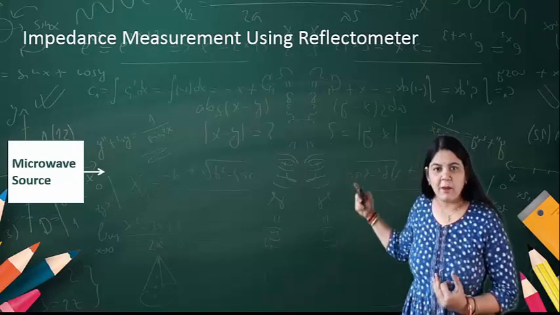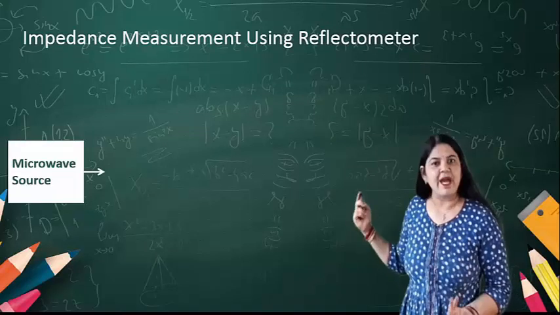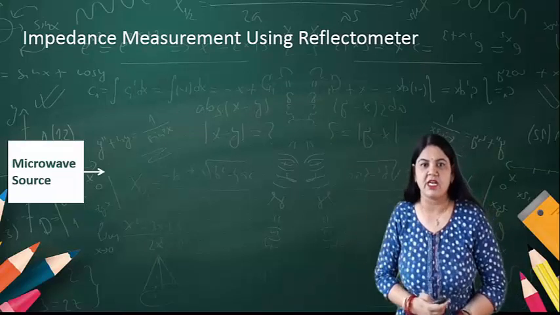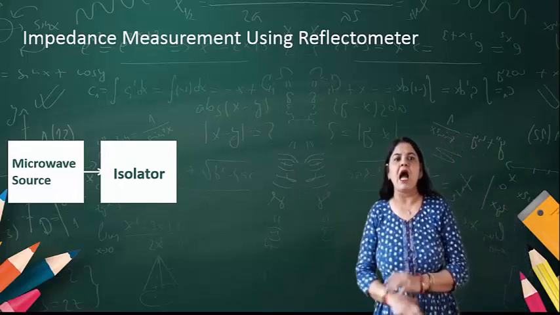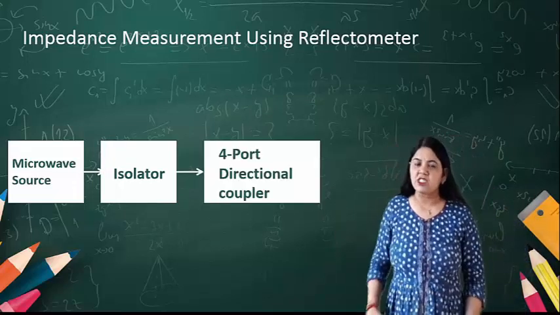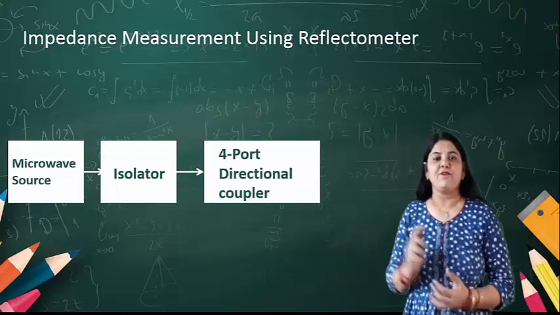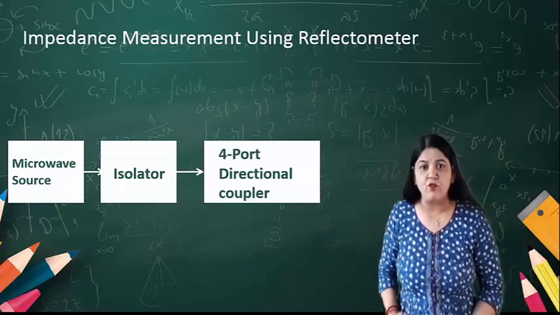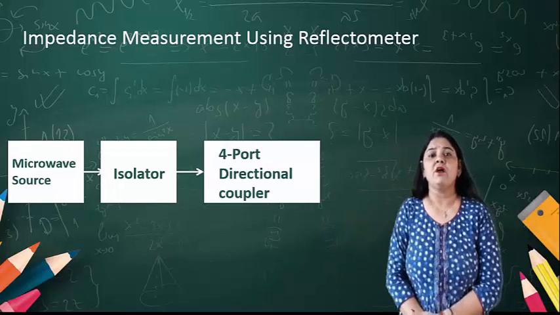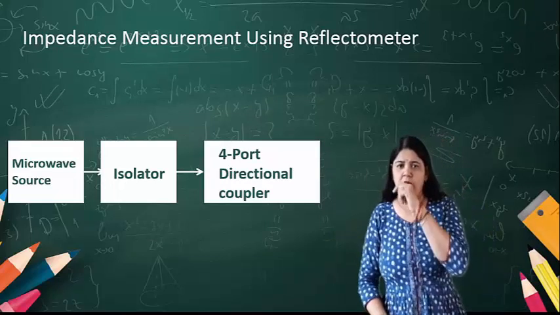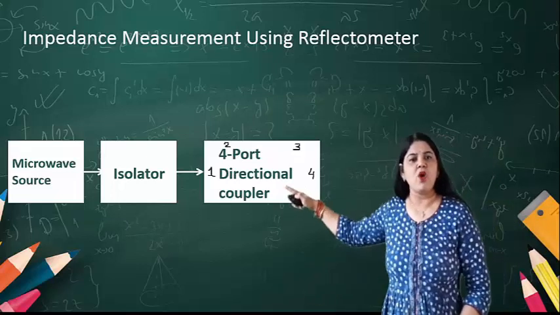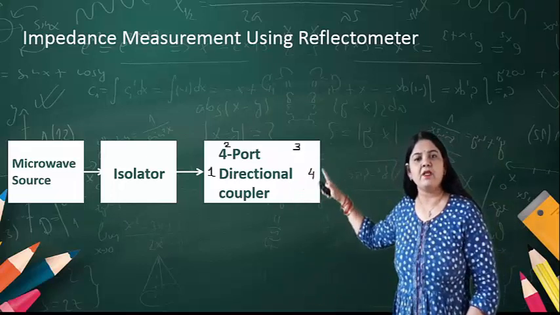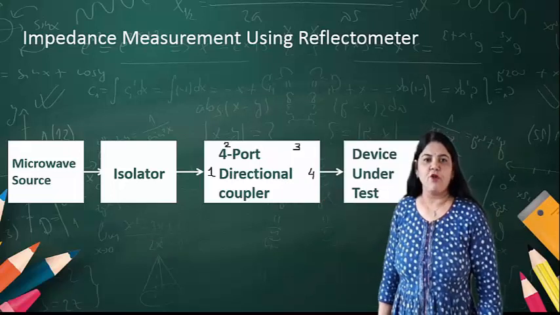So we again have the microwave source, which will generate the microwave frequency and pass it through the isolator. Now, the reflectometer is made up of what? Here we have a 4-port directional coupler. This is port number 1, port number 2, port number 3 and port number 4.